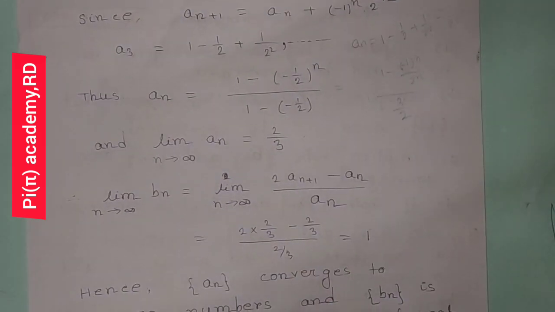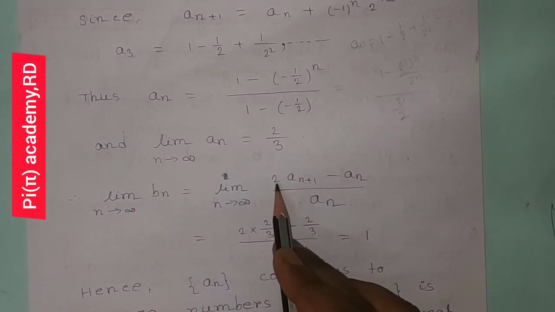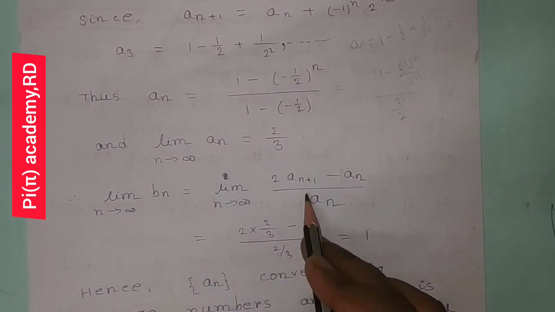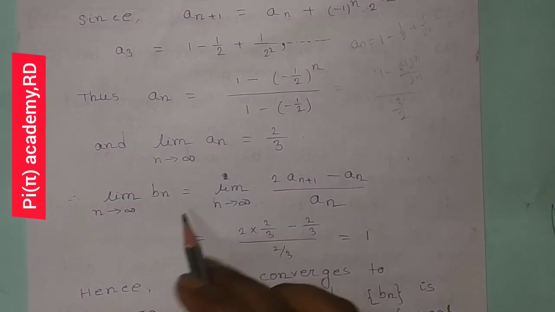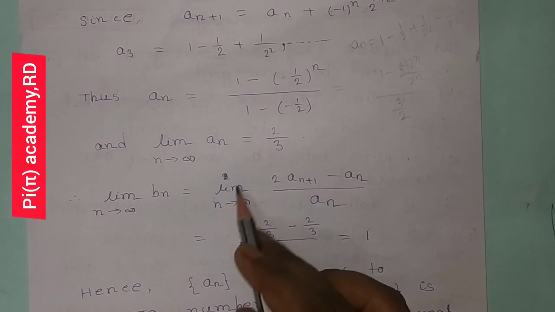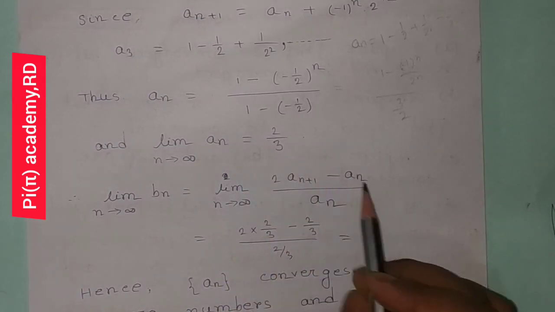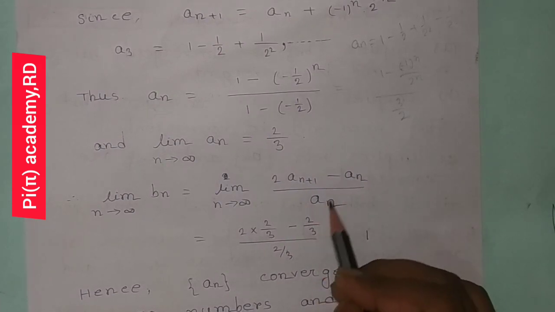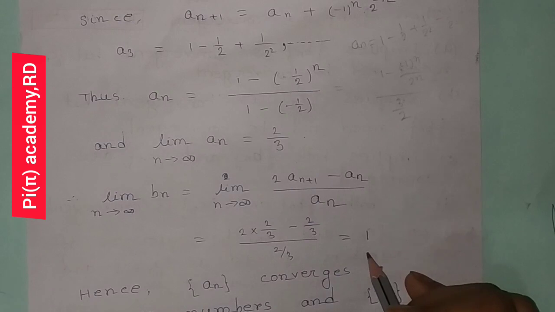And now the limit of b_n, given that b_n equal to 2 into (a_{n+1} minus a_n) divided by a_n. Here the limit of a_{n+1} is 2 by 3, this is also 2 by 3, and the limit of a_n equals 2 by 3. Now calculating this, we get 1.